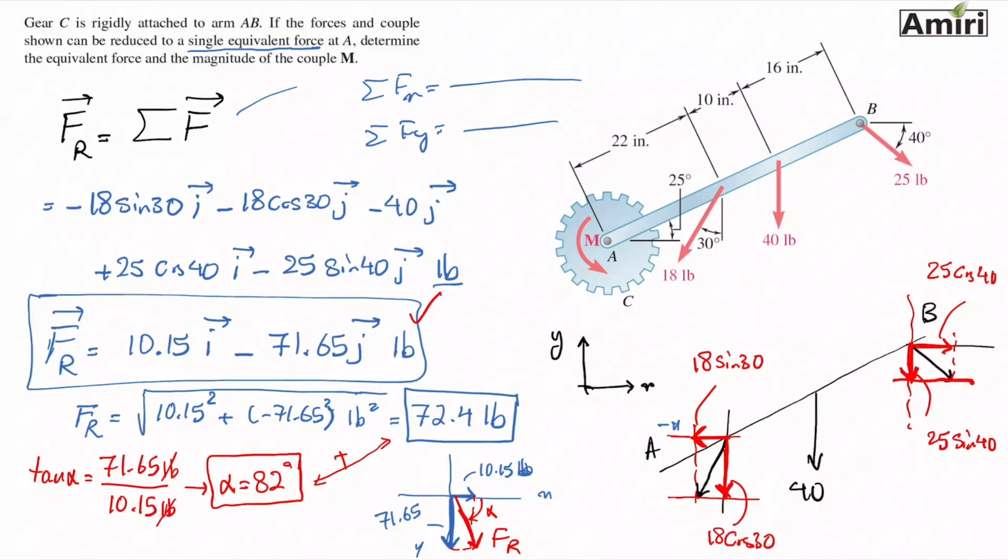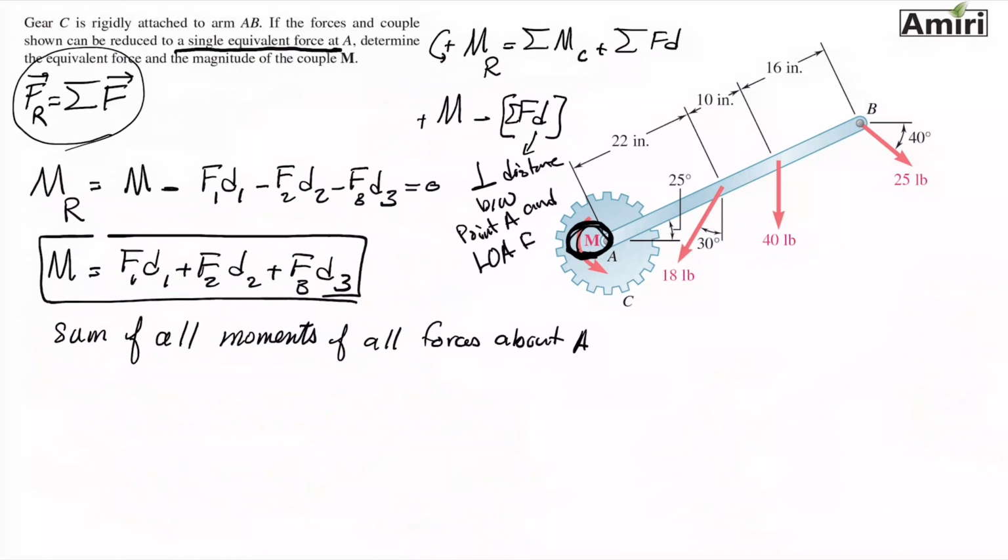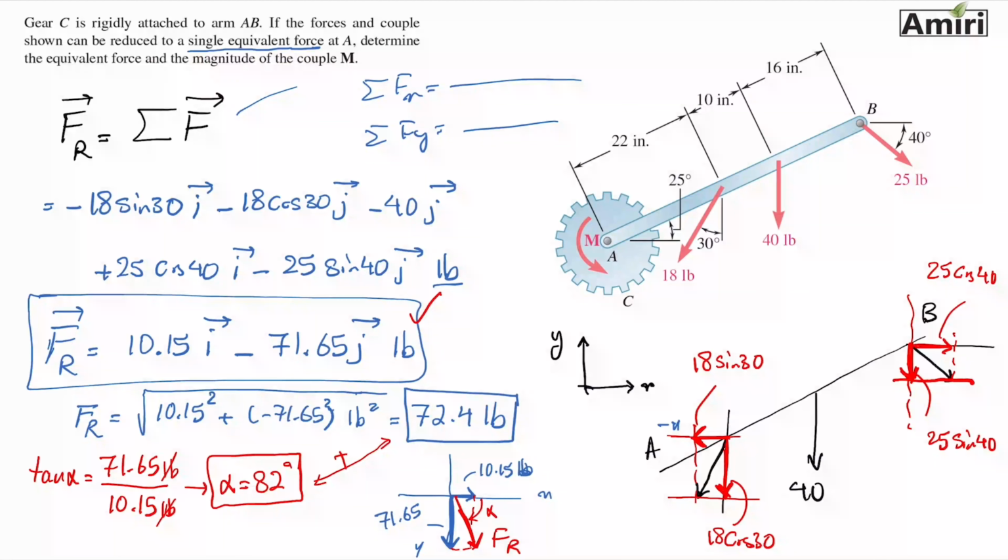So please pause here, spend as much time as you want, and look at the angles and work your way through this. But now we're going to go back to the moment part and find that moment FD.